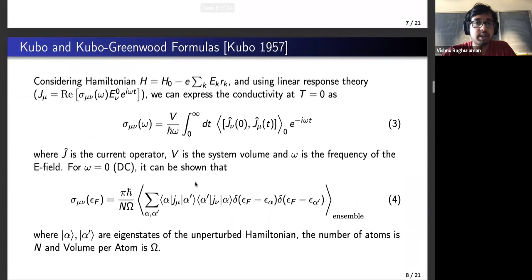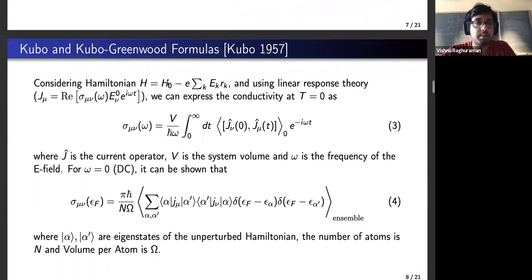So the idea is basically you have some unperturbed Hamiltonian, and you're adding a small electric field, and you're considering that as a perturbation. And within this perturbative theory, you can express the conductivity as a current correlation operation given here in equation 3.